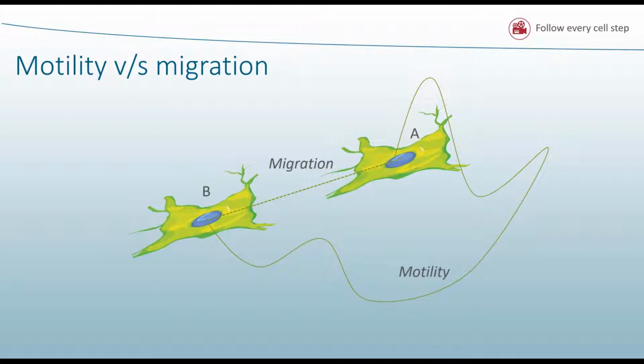What is usually measured in most methods is the actual migration, the shortest distance between the starting point and the end point. But what the cells actually have been up to is the motility measure. So I will talk a lot about migration results and motility results, and they can be quite different due to what you see in this picture.